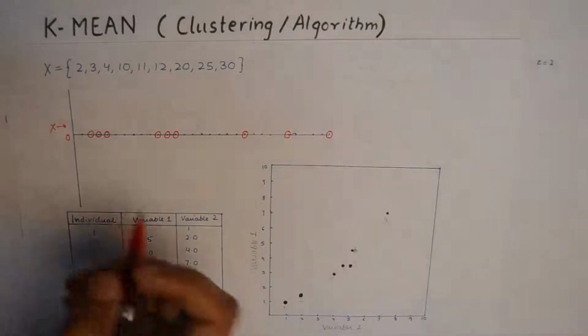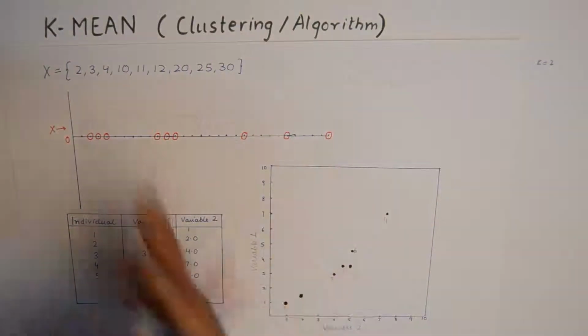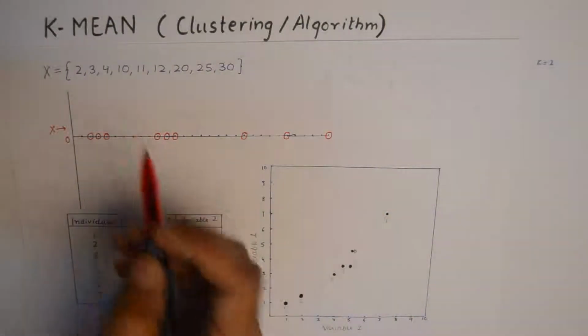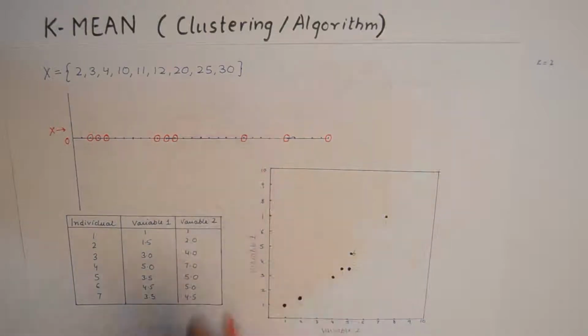So for example, this could be the marks of the students. There are a few students in the class, they've gotten marks in a test, let us say out of 30, and a few students have gotten very few marks and some of them have gotten good marks.